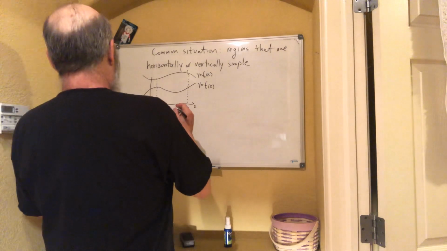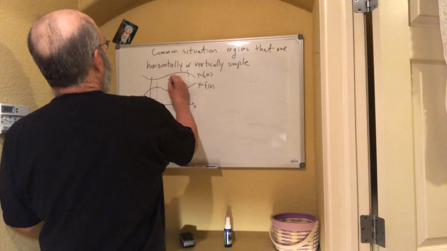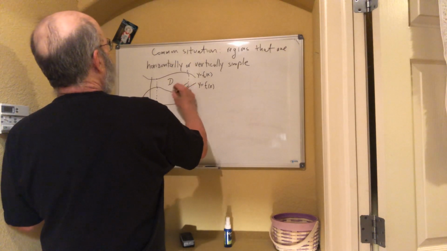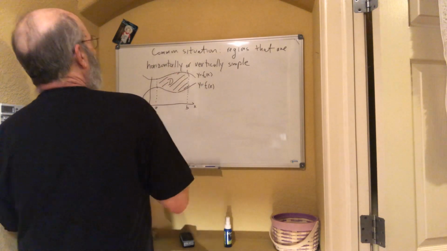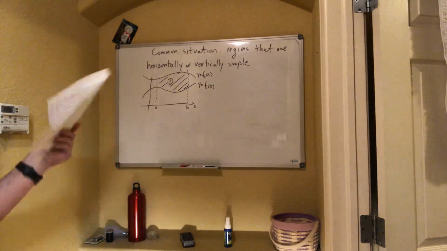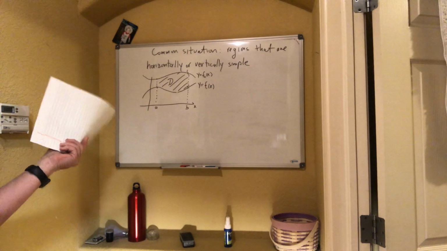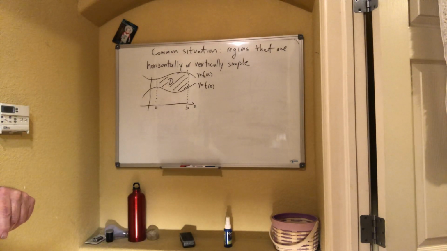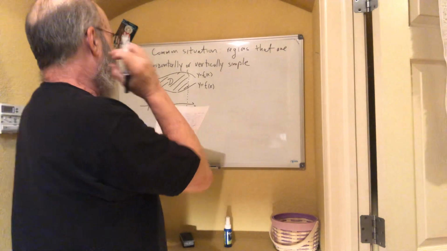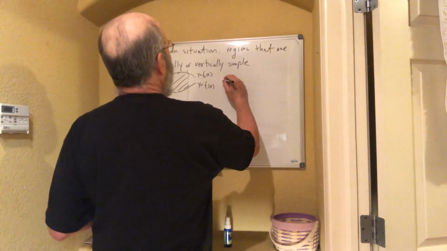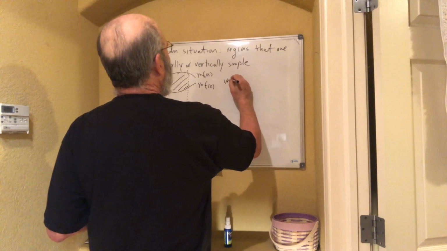And then let's say our integration region is this area in between A and B, and also between those functions. This situation is referred to as being vertically simple.